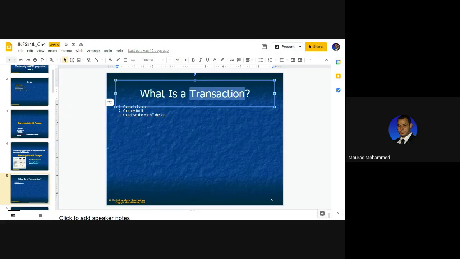An example of a transaction: everything is digital, a digital environment that would help a user to select a car, for example, to rent it. After the selection, he has to pay for it, and there has to be a key to indicate that he took the car and drove it out. All of this process is one transaction.